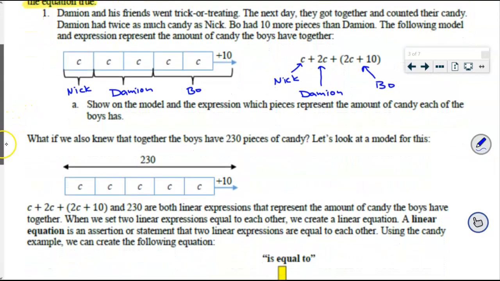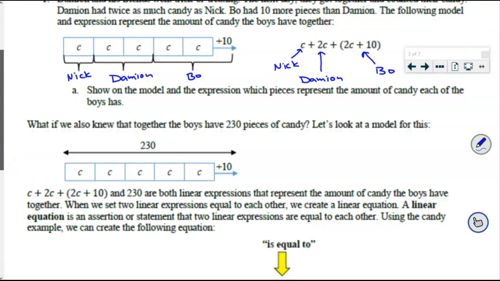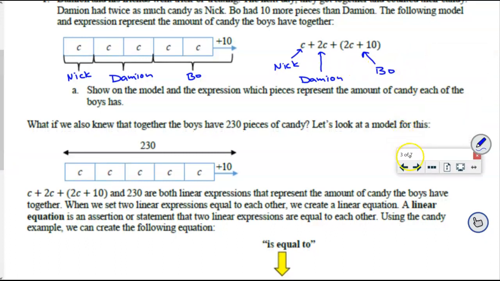But what if we also knew that together the boys have 230 pieces of candy? It's the exact same model, right? So it's the same model, only now we know that that whole entire bar represents the total amount of 230.